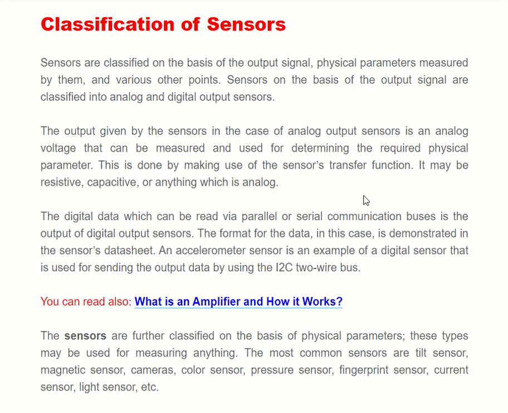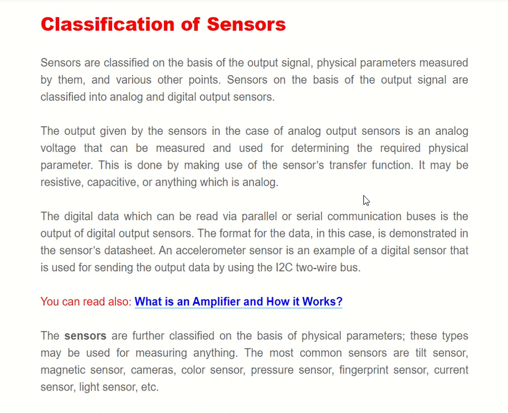And about digital data, the digital data can be read via parallel or serial communication buses. In the output of a digital output sensor, the format for the data would be available in the data sheet of that particular sensor.